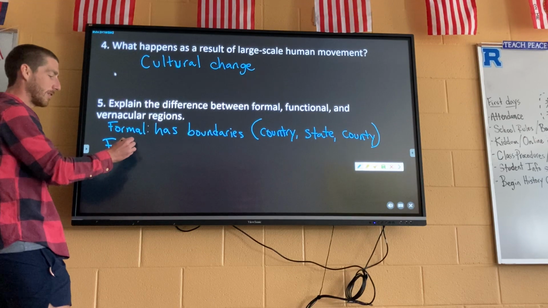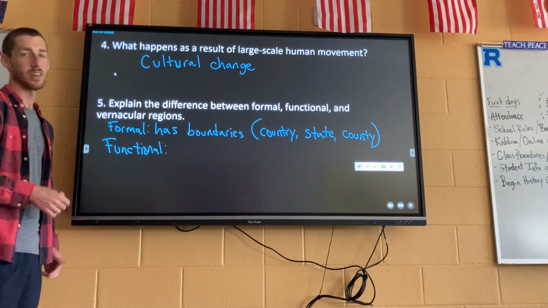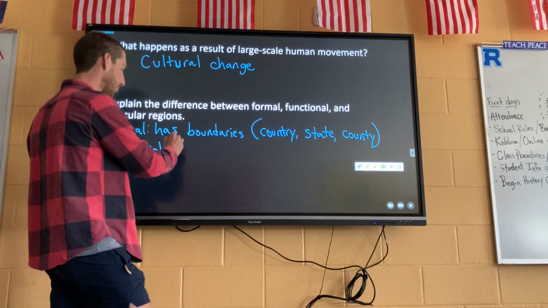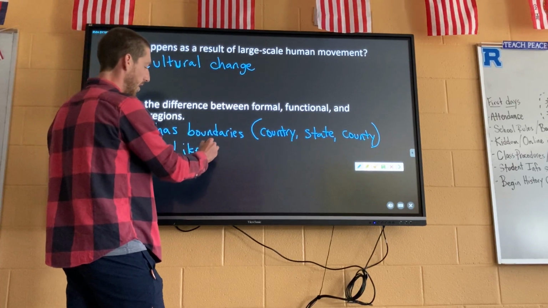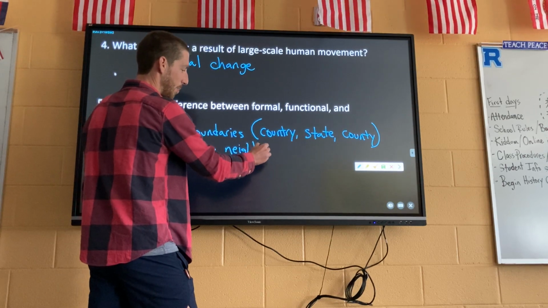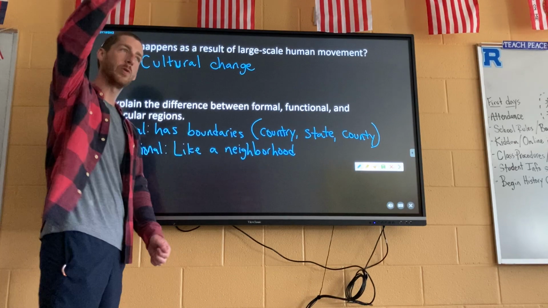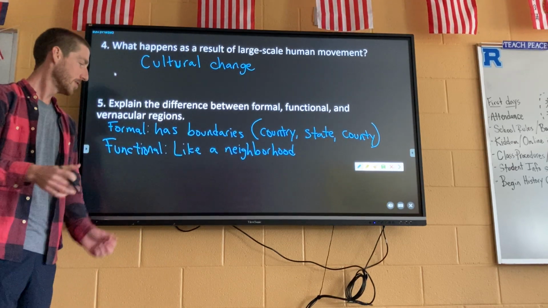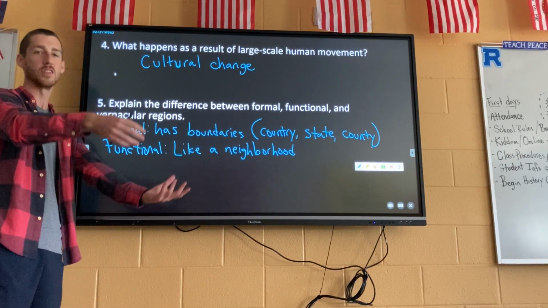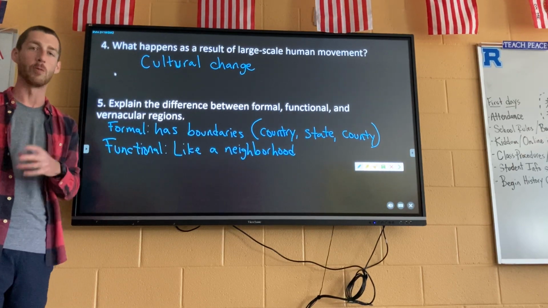Remember, what did I tell you about functional? So smaller, it breaks it down just a little bit. It's like a neighborhood, okay? So going back to the pizza place thing, a pizza place on this side of town is not going to deliver all the way to North Murfreesboro. So functional, the pizza place functions in this area, this neighborhood. It's a functional region of Murfreesboro.